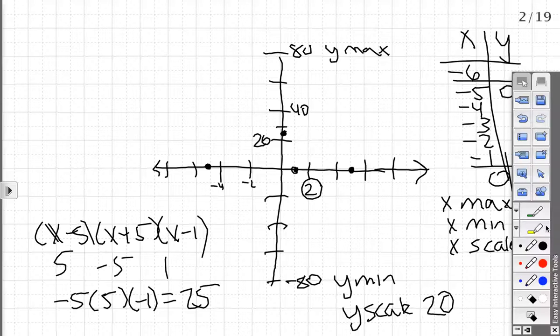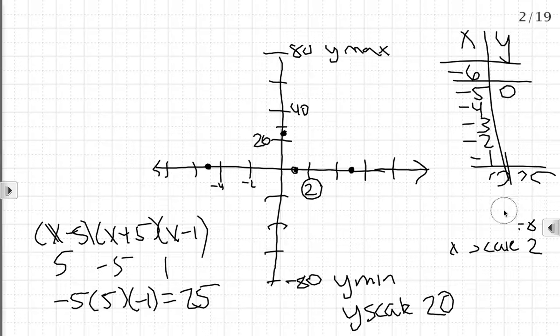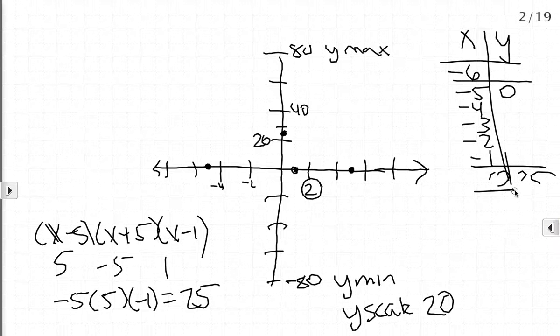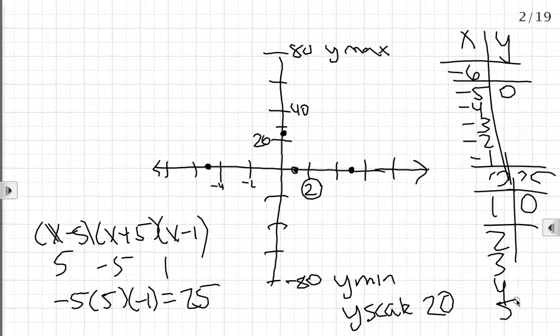Let's erase some things here so I have some space to work with. And then +1, which was 0, 2, 3, 4, 5, and 6. We graph all the points between our intercepts, and then we graph 1 on each side. That's why I have the -6 and the +6.